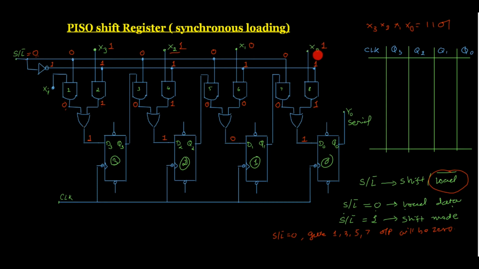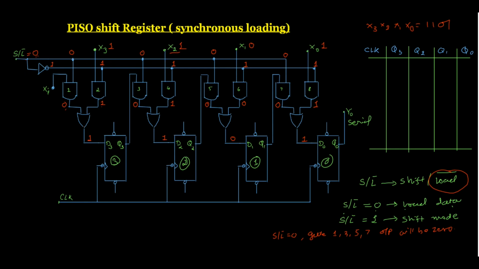And here x0 is 1, now it appears at the input of flip-flop number 0. Means whatever my 4-bit data is, it is now ready at the input of all the flip-flops. Remember, this data has still not entered into the flip-flops. We have not loaded this data into the flip-flops. They are at the input of the flip-flops.